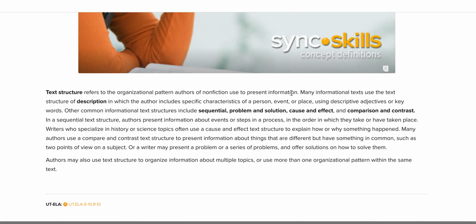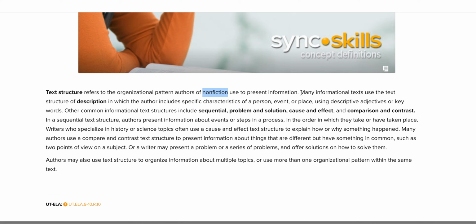I'm going to stop briefly there and point out that when we're talking about text structure, we're specifically talking about nonfiction texts or informative texts. If it's a fictional text, they also have text structure, but it's a different list of structures. I'm not going to get into that list now because it would just be confusing, so we'll move forward.